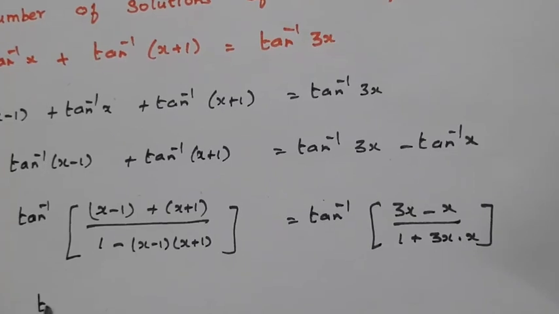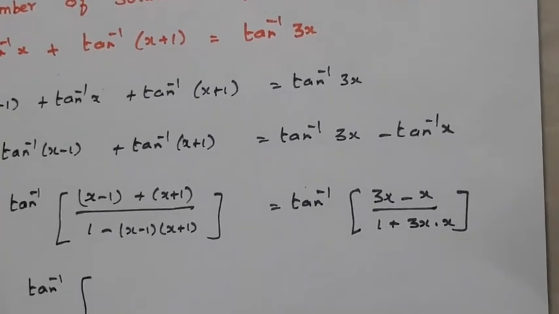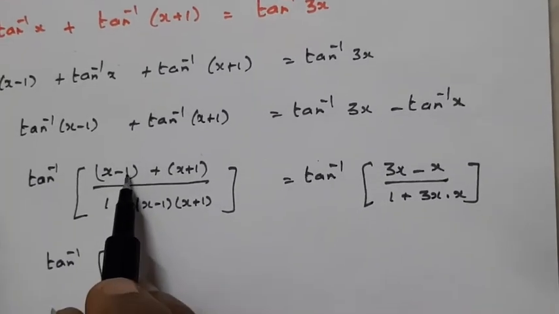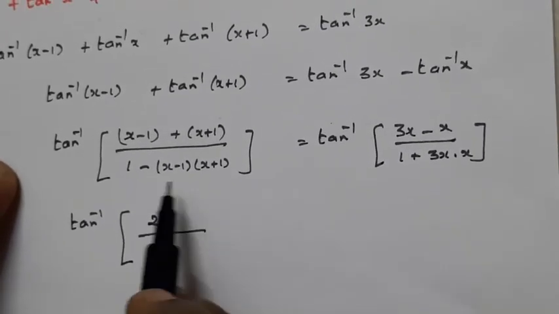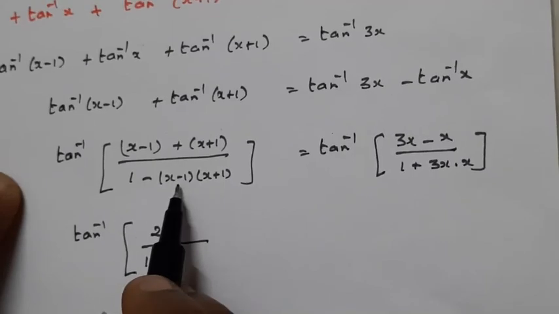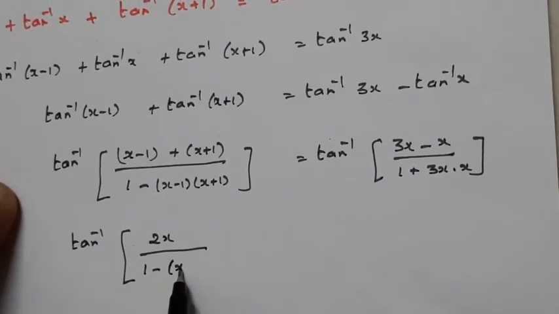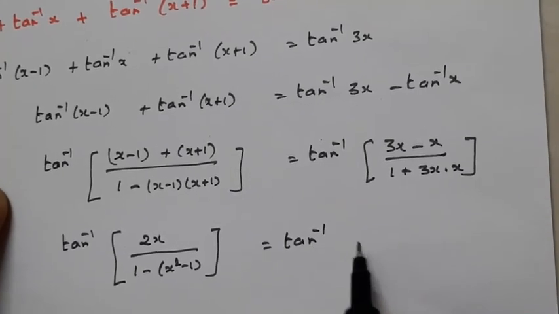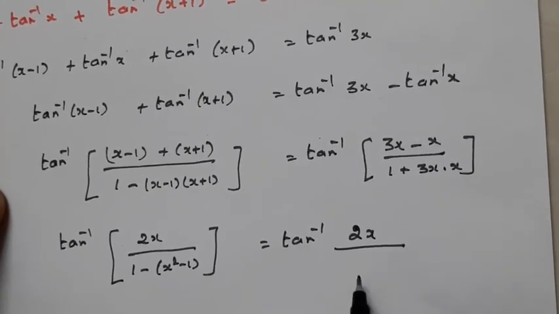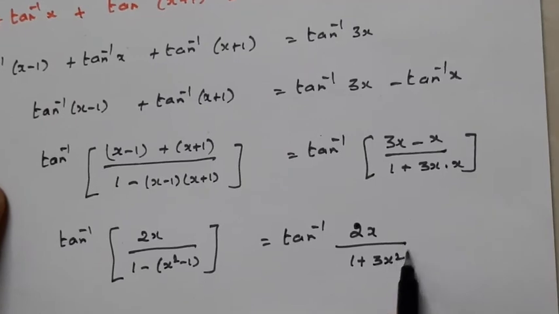Now let us simplify the numerator and denominator on both sides. So here minus 1 and plus 1 will get cancelled. X plus x would be 2x, right? And here 1 minus of x squared minus 1, that is equal to tan inverse of 2x divided by 1 plus 3x squared, right?